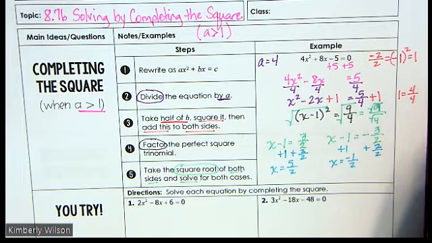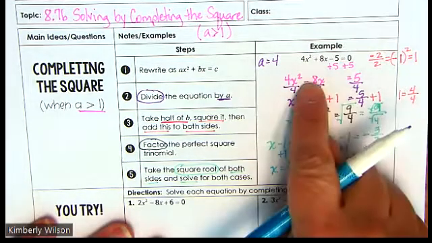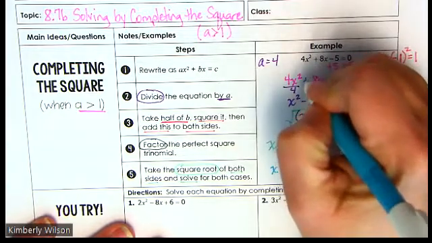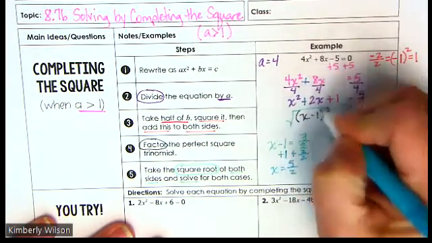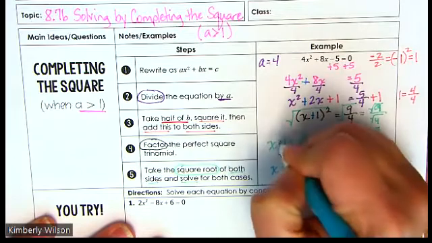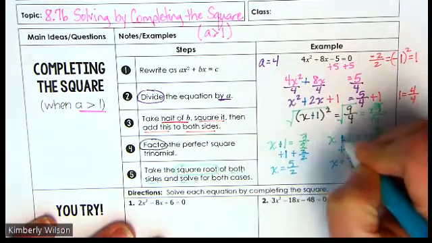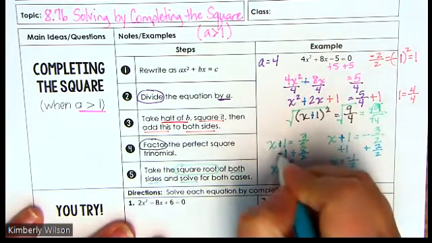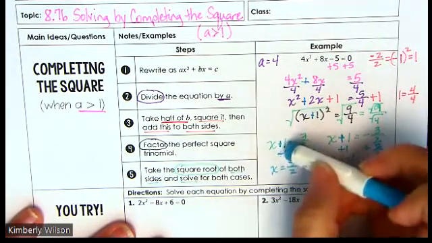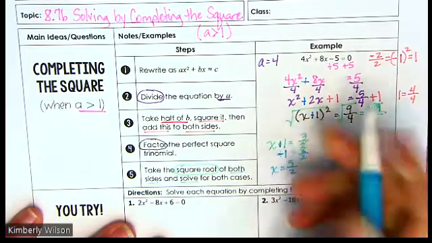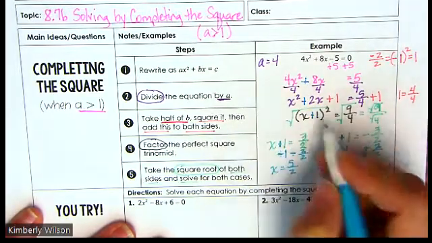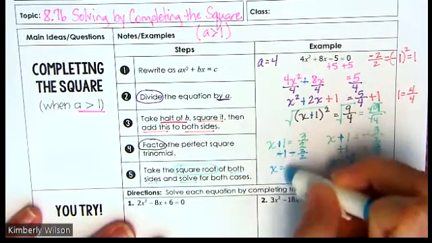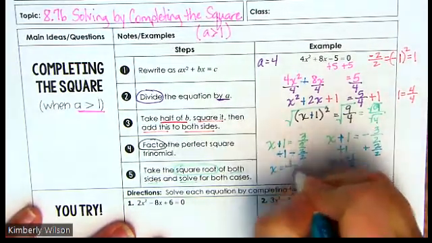Oh, I made a boo-boo. Starting up here. This is supposed to be a plus, which means instead of adding 1, I'm subtracting 1 here. So that means this is 1/2.